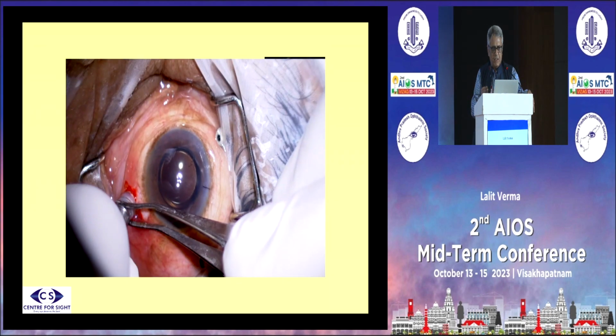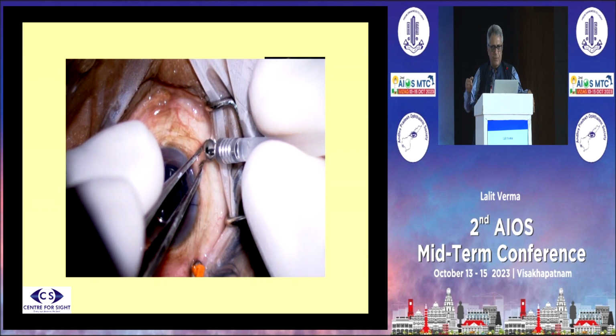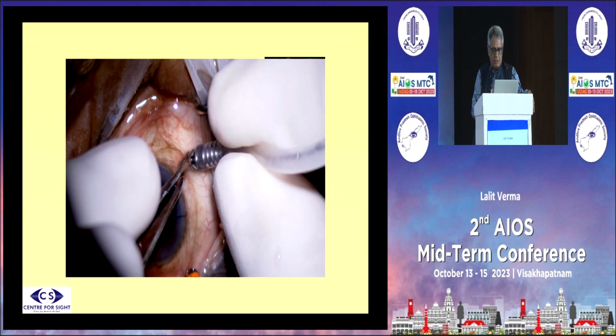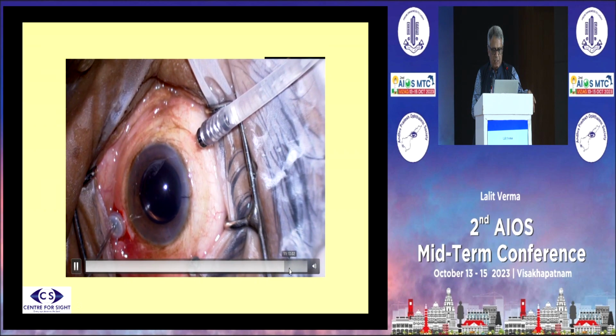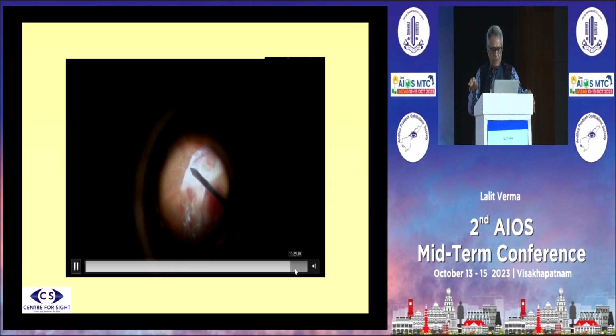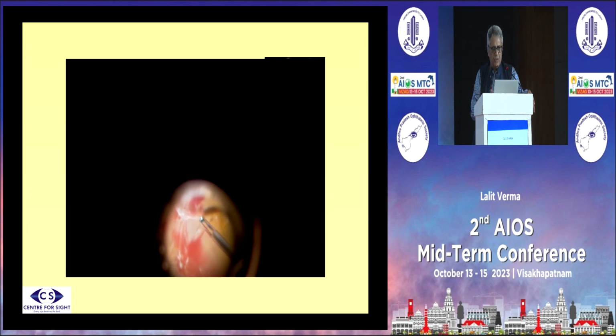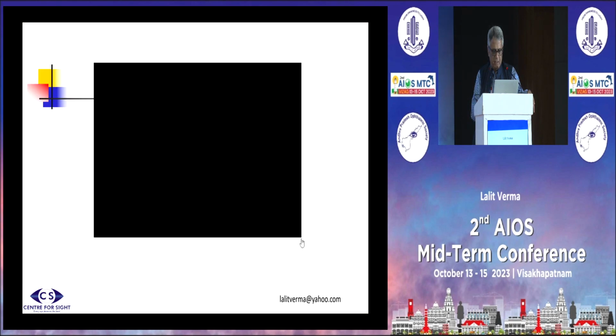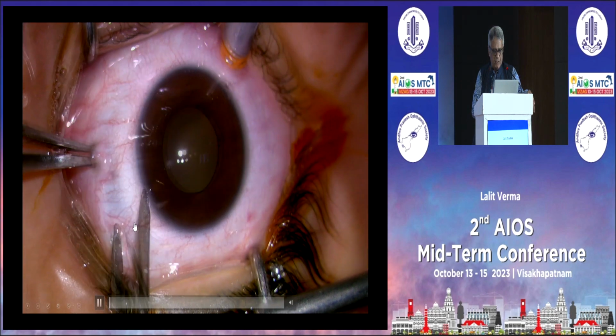So in such patients, we change the position of the microscope and your sitting chair, and then you can change this port, and whatever was nasal now becomes inferior, and then you can do your membrane surgery very easily. So this is the last video which I'll share.